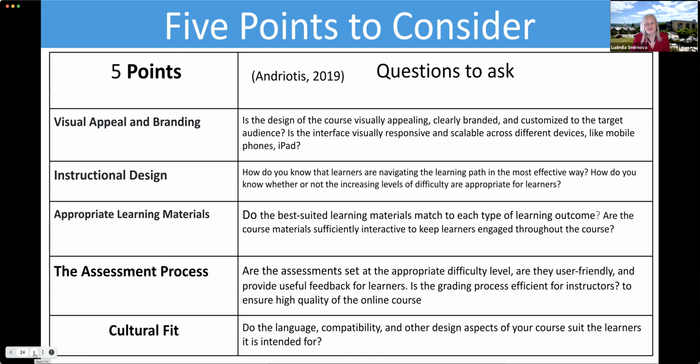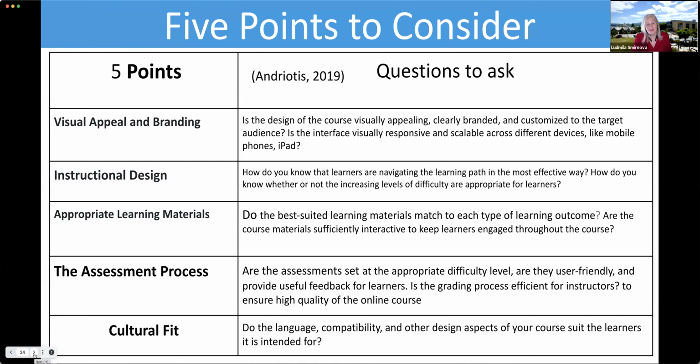And is it responsive and scalable across different devices? For example, I chose to design the syllabus on Google Sites because students can access it on any device. A PDF is very difficult to navigate, but on an iPad or iPhone you can easily navigate the pages of the website.